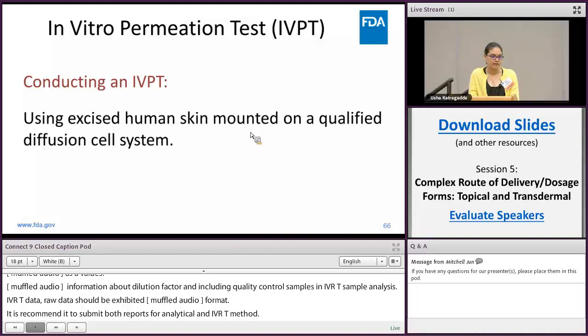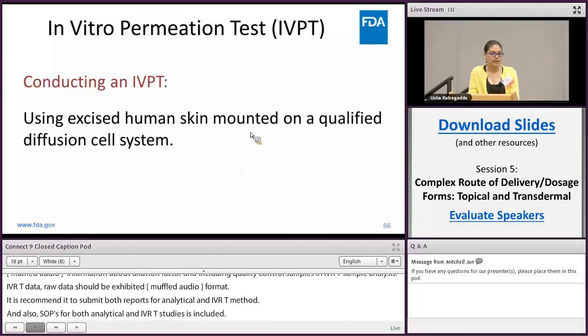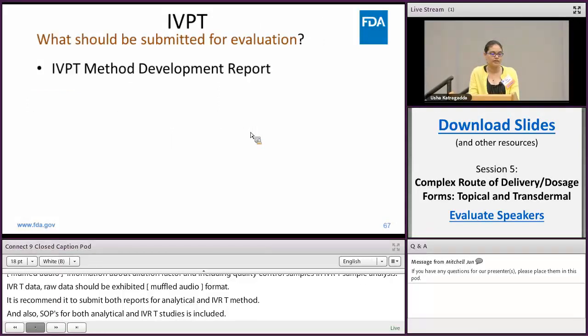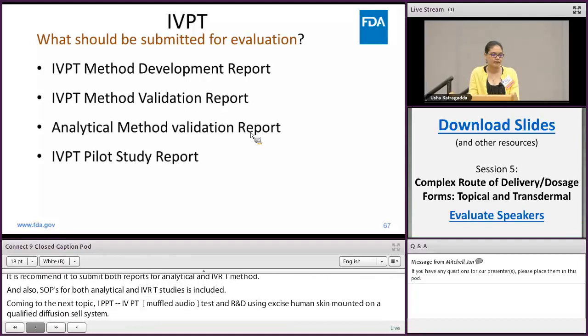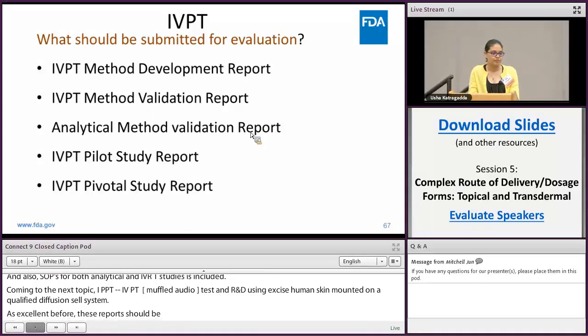Coming to the next topic, IVPT. IVPT is comparing the cutaneous PK of a drug, comparing test and RLD using excised human skin mounted on a qualified diffusion cell system. As I explained before, for IVRT, these are the reports that should be submitted, and similar for IVPT. However, in addition, in an IVPT study, a pilot study report also should be submitted.